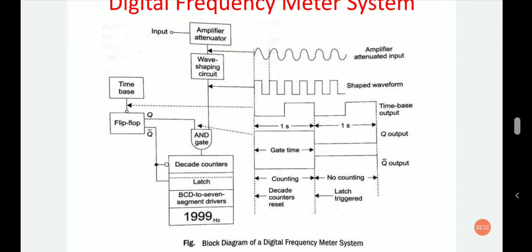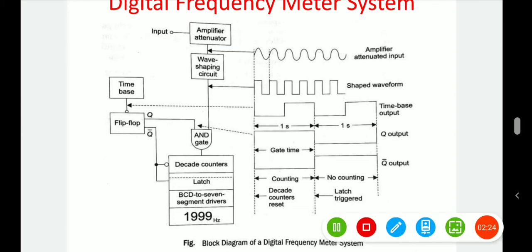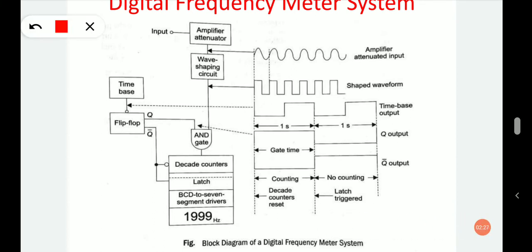This performs the function of amplification or attenuation of the signal as per the requirement before passing it to the wave shaping circuit. The wave shaping circuit converts the input signal into a pulse or square waveform without changing its frequency.